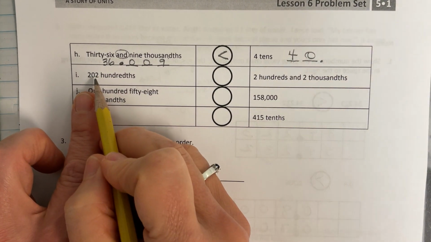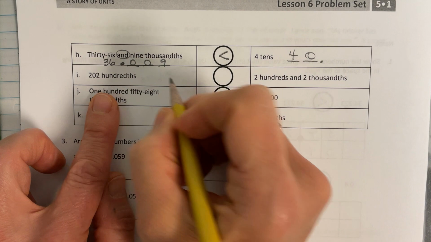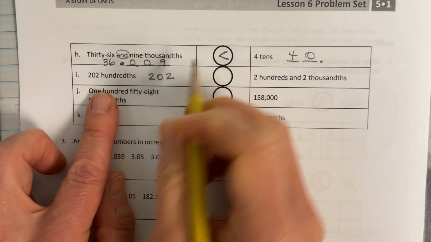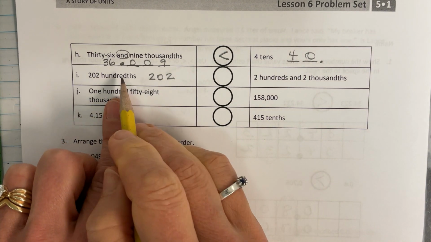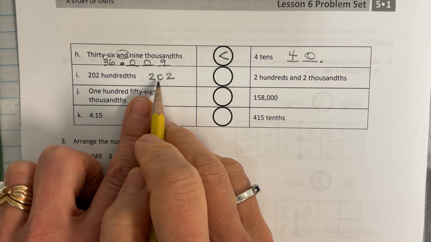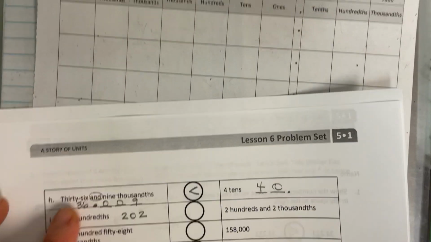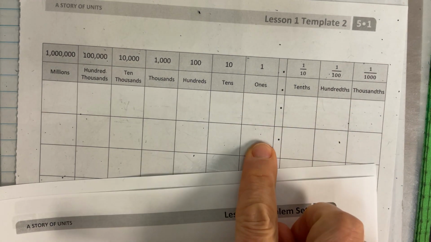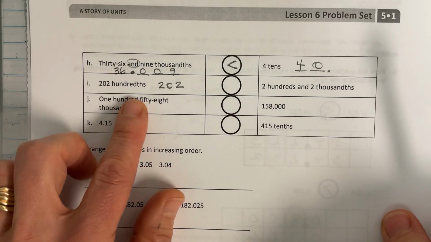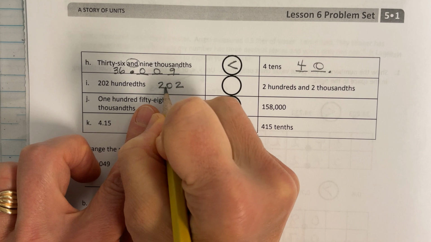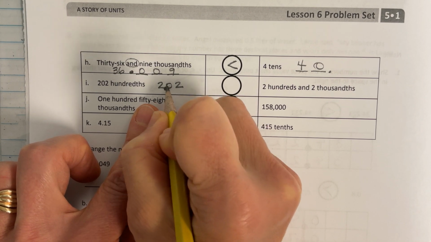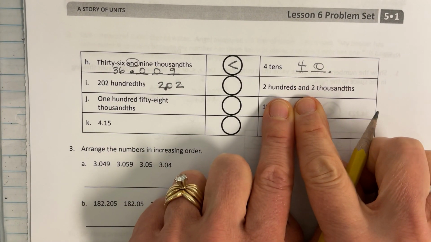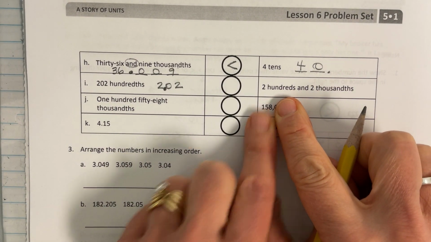Okay, 202 hundredths. Okay, so if I write down my digits, and then I have to put the decimal point so this number has hundredths. Remember, hundredths, there are 2 places after the decimal point in hundredths. Okay, so I should have a decimal point and 2 digits. So if I'm going to put my decimal point in the right place, it should go right here. Decimal point and 2 digits. Okay, that's 202 hundredths. Now let's come over here. 2 hundreds.